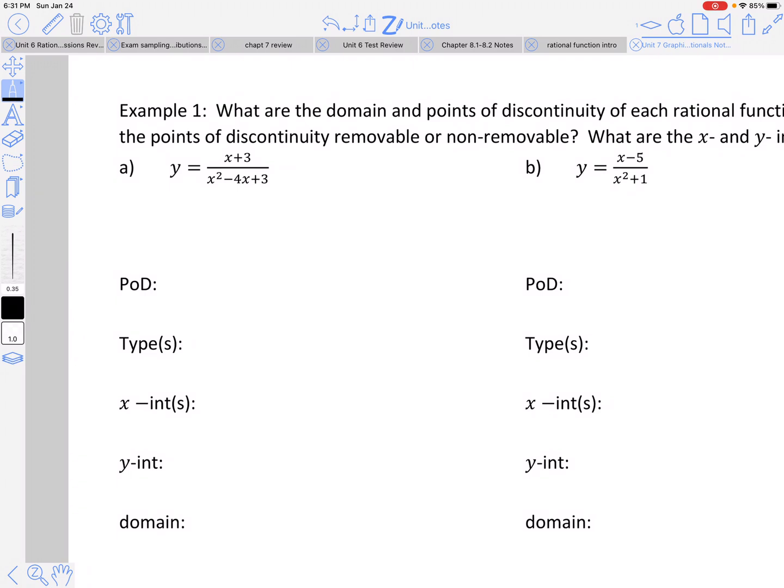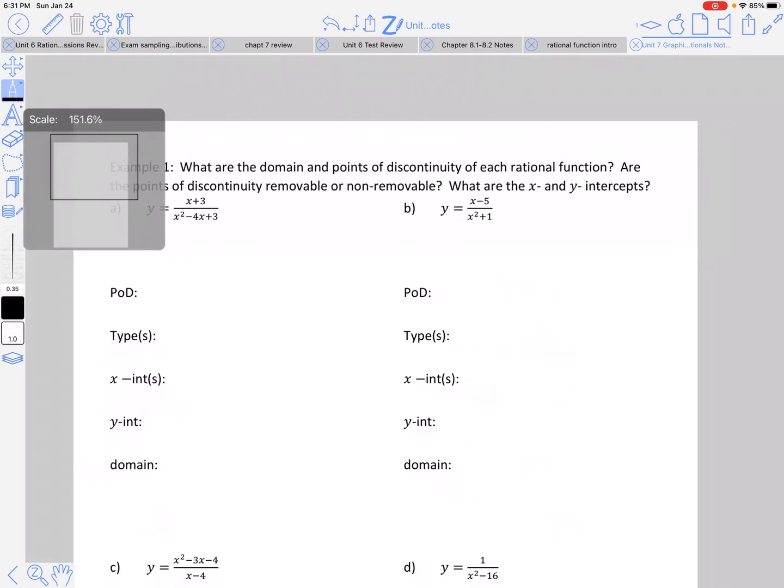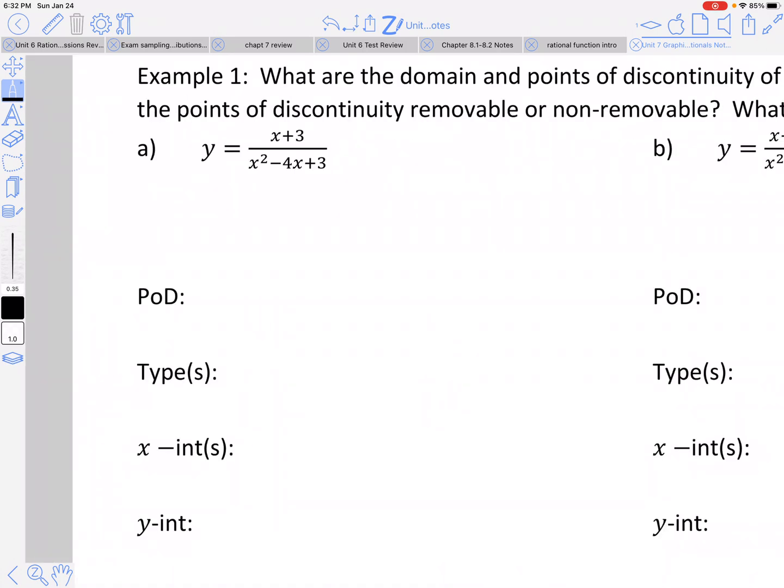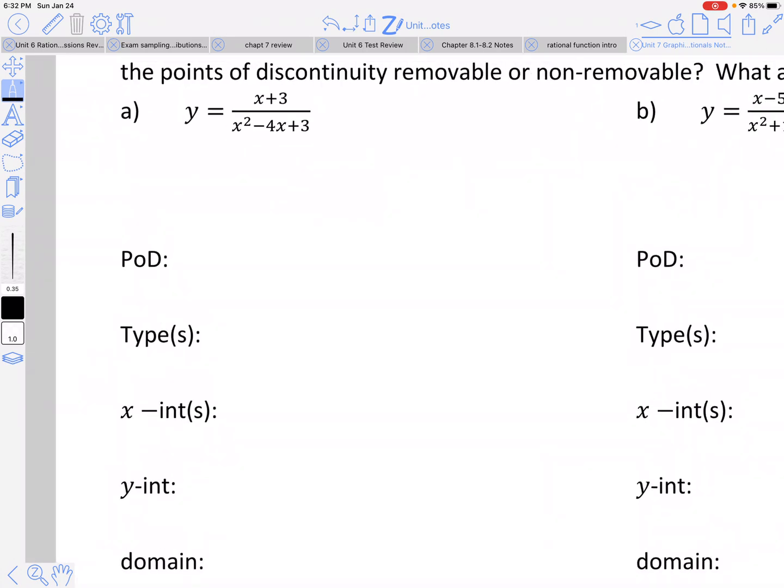We have this function right here. We're not to the point to graph it yet. We're just going to analyze the domain, points of discontinuity, x and y intercepts. Okay, so point of discontinuity, we're going to factor the denominator so we can see really what's going on there. So this is going to be x minus 3, x minus 1 when I factor that out. So that's what I have going on right there.